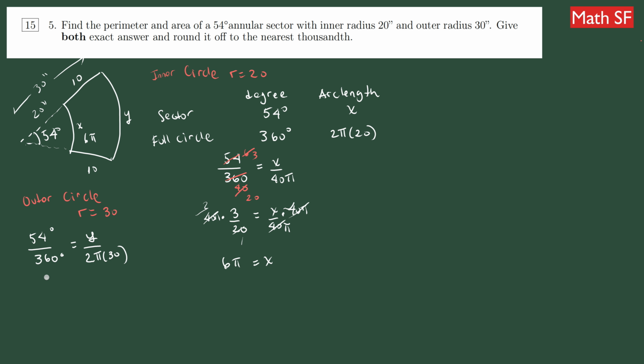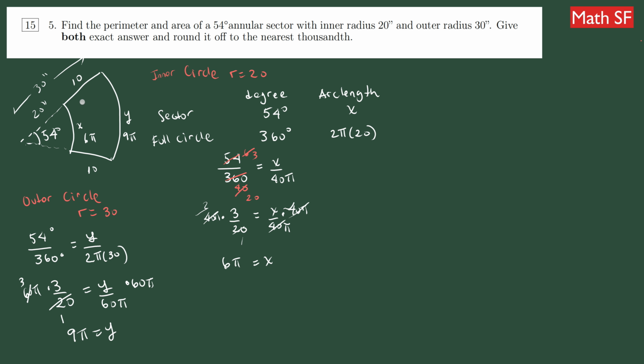Whenever you reduce this left side fraction here, we were left with 3 over 20 equals y over 60 pi. So now multiply times 60 pi each side. This goes into here once, goes in here 3 times, 9 pi equals y. All right, so this one is 9 pi.